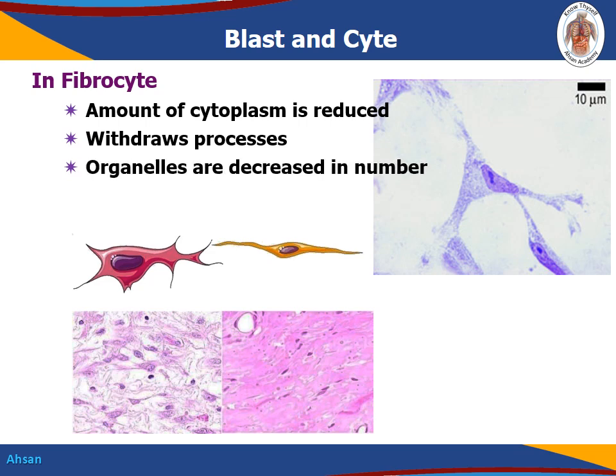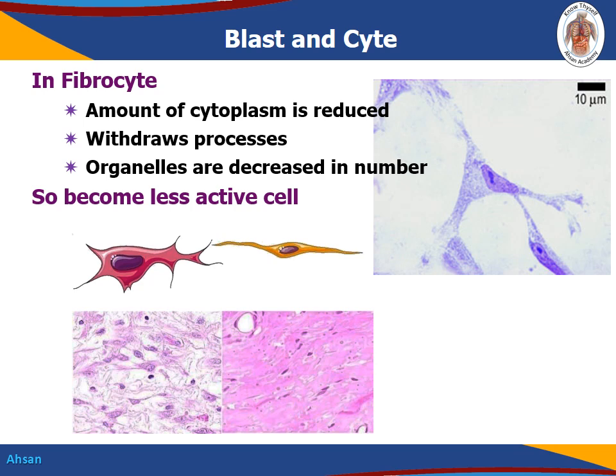Cytoplasm is still there, and it contains a decreased amount of organelles compared to the fibroblast. Functionally, this is a relatively less active cell but produces the same thing, extracellular matrix components.